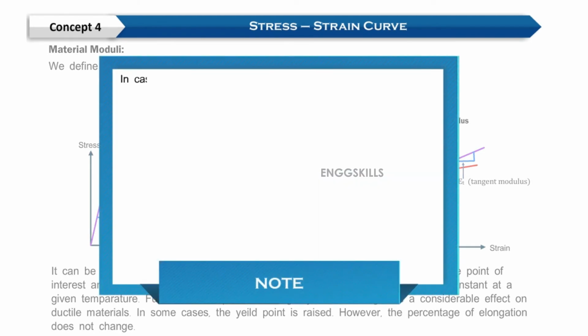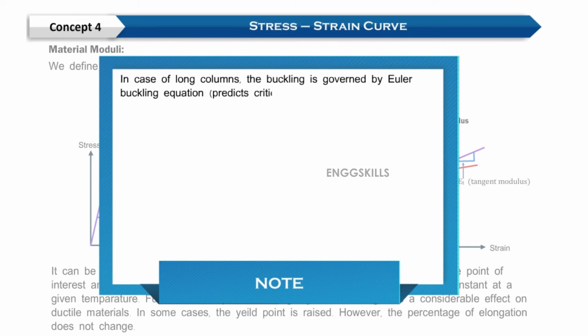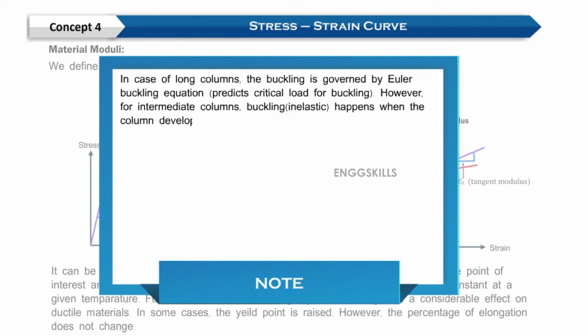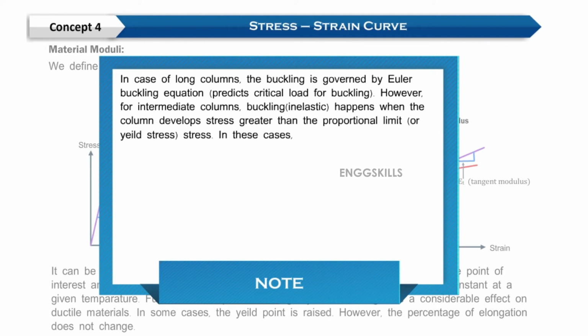Note that in the case of long columns, the buckling is governed by Euler's buckling equation, which predicts the critical load for buckling. However, for intermediate columns, buckling happens when the column develops stress greater than the proportional limit stress. In these cases, two approaches are possible.